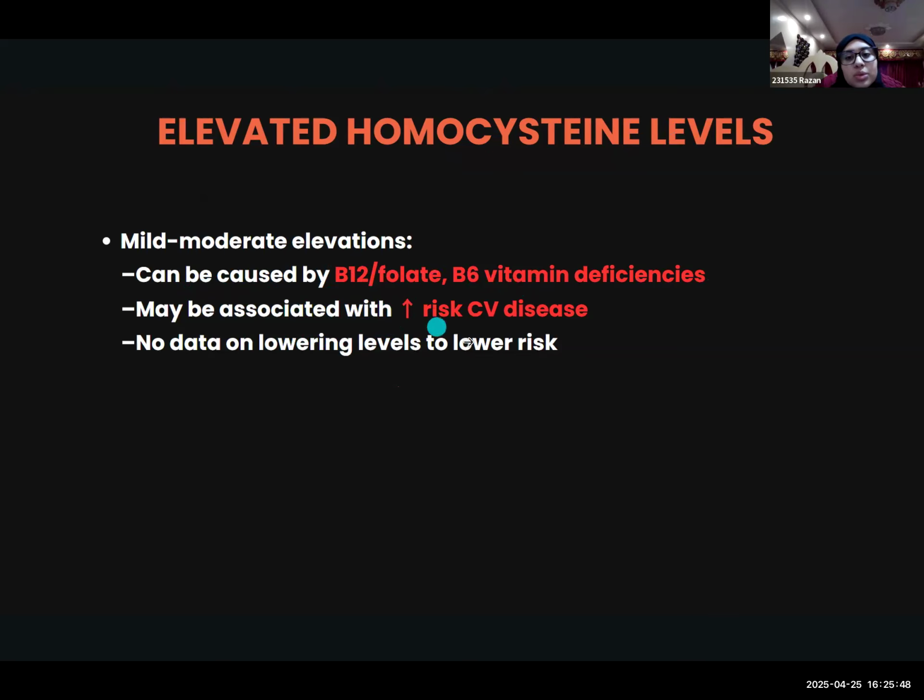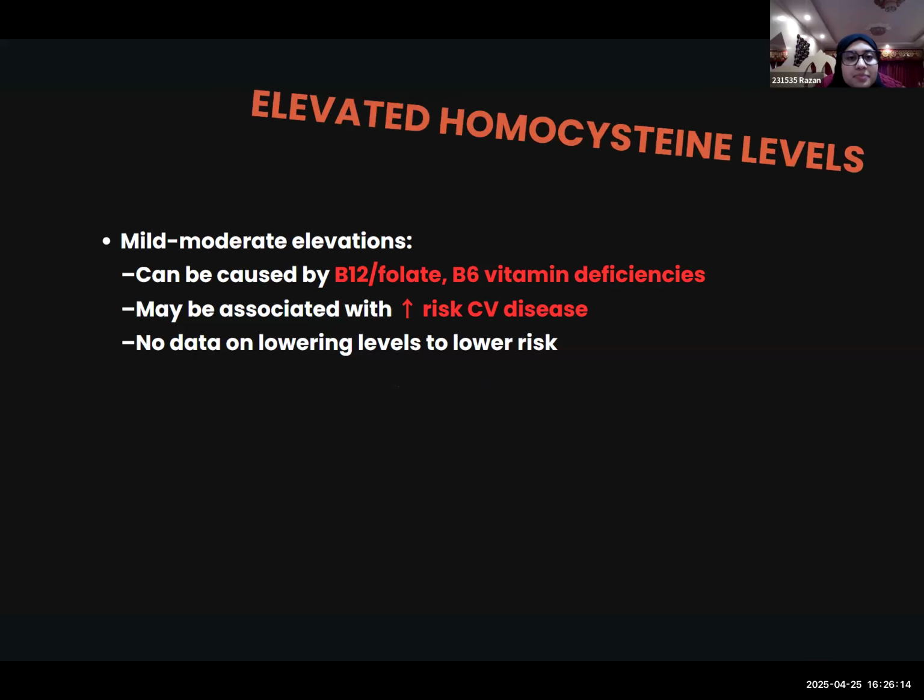And this is also associated with increased risk of cardiovascular diseases. But let's say someone decides to decrease homocysteine levels to decrease the risk of cardiovascular disease. In some studies, lowering the level of homocysteine does not lower the risk of cardiovascular diseases.